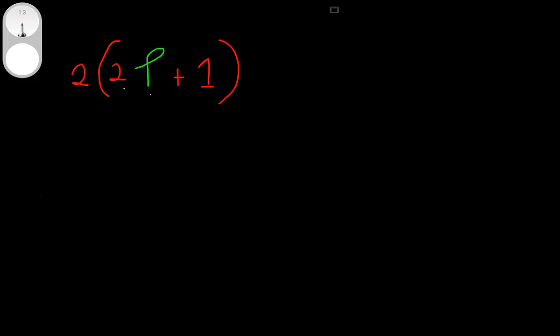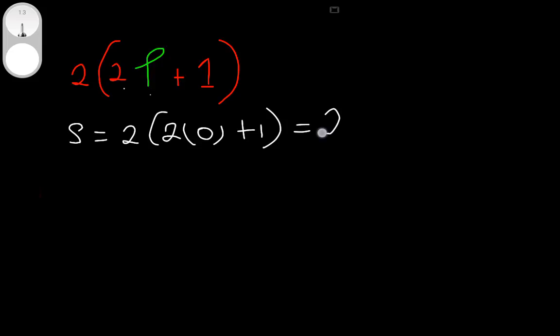So for our S, we attach the quantum number of 0, so it will be 2 times (2 times 0, plus 1). Our S can carry a total of 2 electrons.